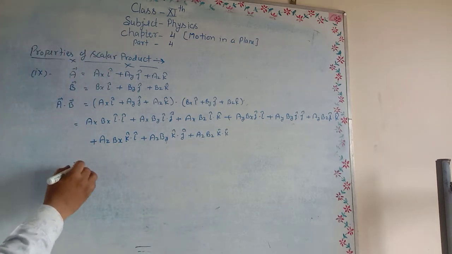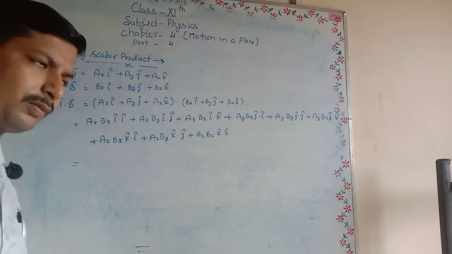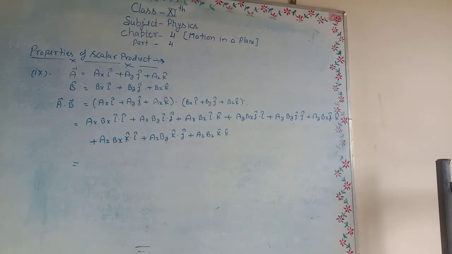Okay students, we know that i dot i, j dot j and k dot k equal 1, and i dot j, j dot k, k dot i are equal to 0.